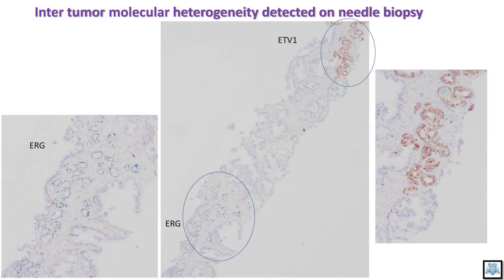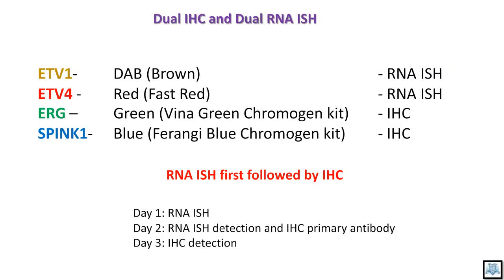This is the zoom-in view of both ETV1 and ERG, where we can clearly demonstrate two distinct foci with different molecular aberrations, one ERG and the other ETV1, separated by high-grade PIN or stromal tissue. This is the type of molecular heterogeneity you can identify by combining IHC and RNA in situ hybridization.